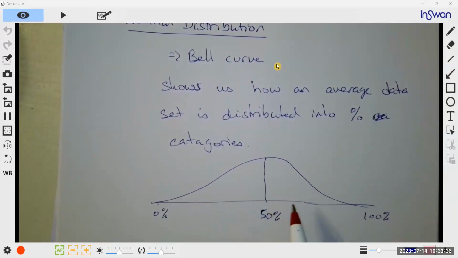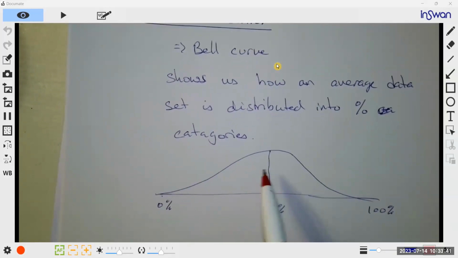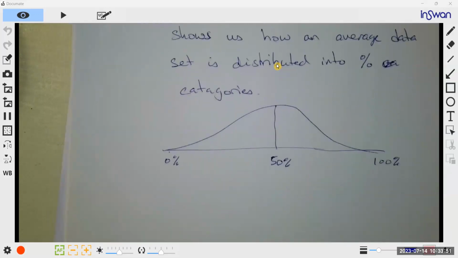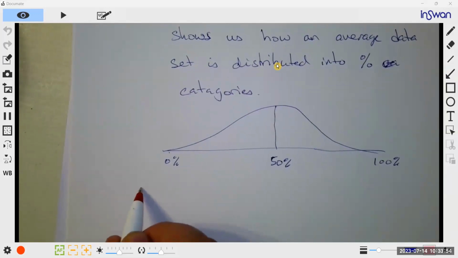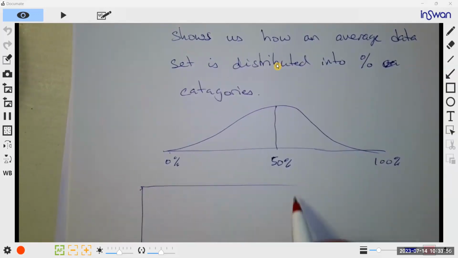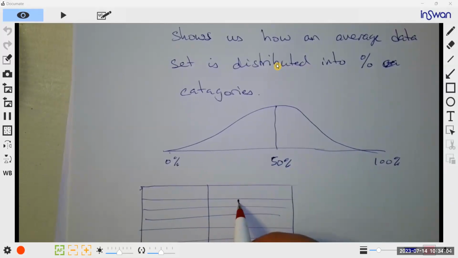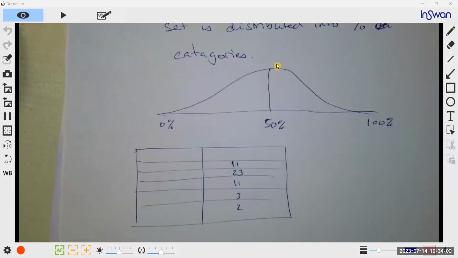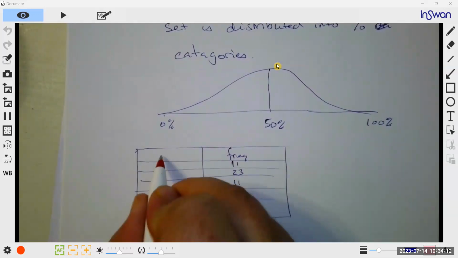And then looking at our data set, the one we just had, where was the highest, where was the lowest data points of our distribution? So we had 11, 23, 11, 3, 2. This is our frequencies. This is our classes.